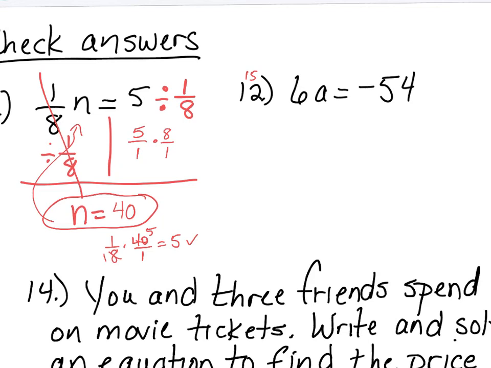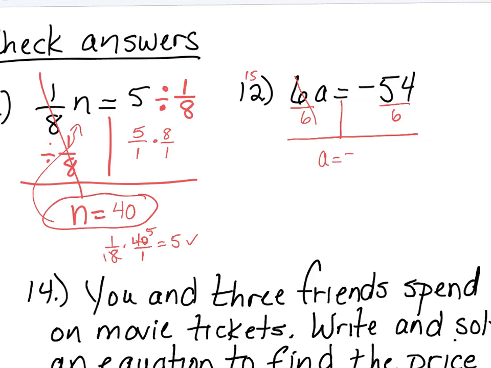What do we do to solve this one, Marissa? Very good. These cancel out, and we're left with A is equal to negative divided by positive is negative.